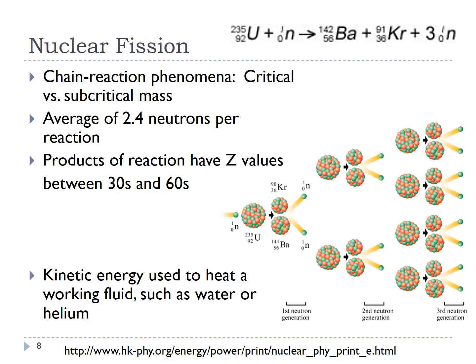So we're still not getting all the energy out that we could from this process, but we're getting a fair amount of energy, and that kinetic energy is in the form of the neutrons, and those neutrons can eventually be absorbed and turned into thermal energy, which can then be heat transferred to a working fluid in either a Rankine or some kind of Brayton cycle. So if it's transferred to water, we can have a Rankine cycle, or perhaps if it's transferred to helium, we could design some kind of closed Brayton cycle.